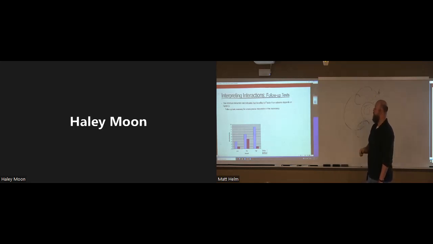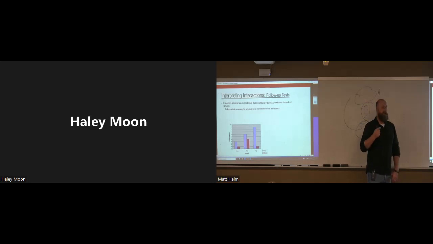If I were to find an interaction effect, remember that my interaction effect says the effect of X on Y changes based on Z. The relation between my predictor and my outcome is dependent on some other variable.